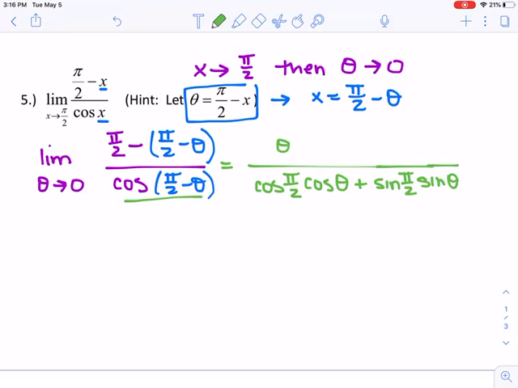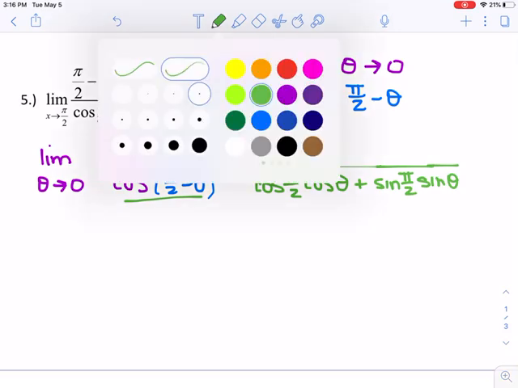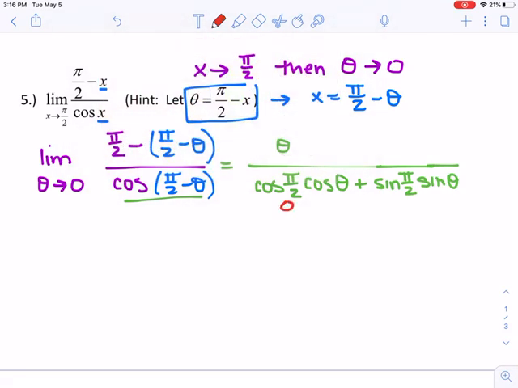Well, now I can go ahead and plug in my values of pi over 2. At pi over 2, my cosine is 0 and my sine is 1. So in the denominator, 0 times cosine is going to cancel, and 1 times sine is sine. So now I'm left with the limit as theta approaches 0 of theta over the sine of theta.